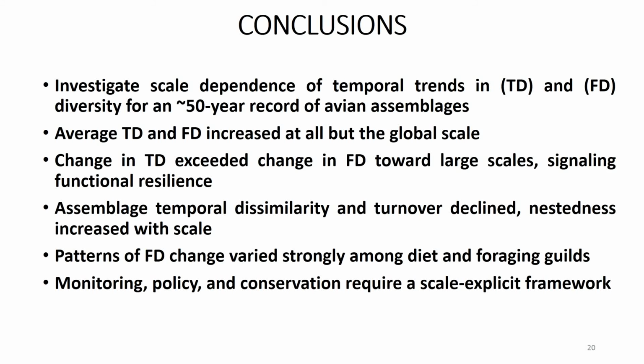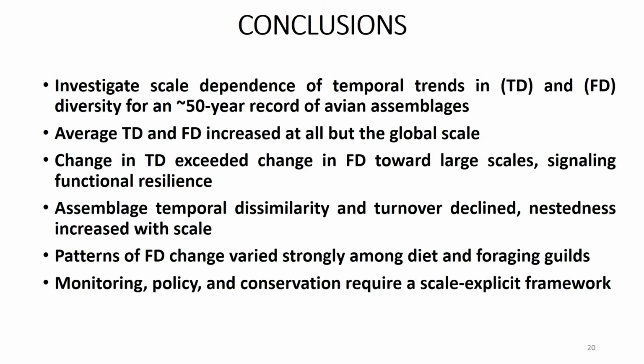In conclusion, this study investigates scale dependence of change in taxonomic diversity and functional diversity for almost 50 years of record of avian assemblages. The average taxonomic and functional diversity increased along but not at the global scale.